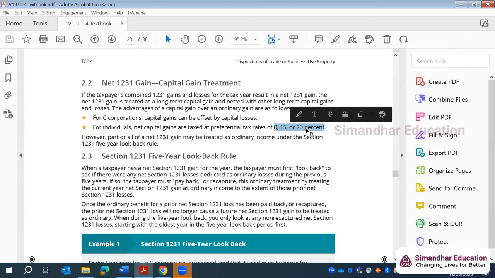That means as and when your income goes up, the tax rates also go up. Likewise, for your capital gains also, depending upon your income, there is a possibility that you may not be taxed anything on the capital gain, or at a maximum, you can be taxed at 20%. So 20% is the maximum tax rate on the capital gains.